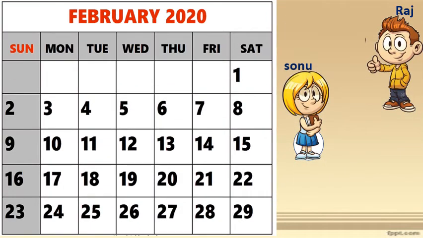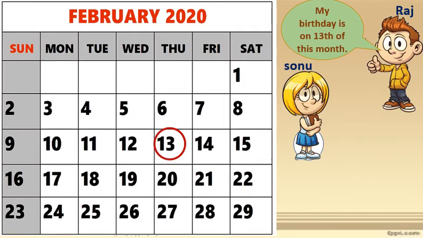Now here one more thing is there. We can see here February 2020 calendar, isn't it? And Raj is standing and Sony is also standing there. See this. Raj told that my birthday is on 13th of this month, that is 13th February.